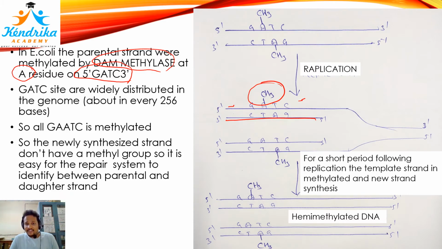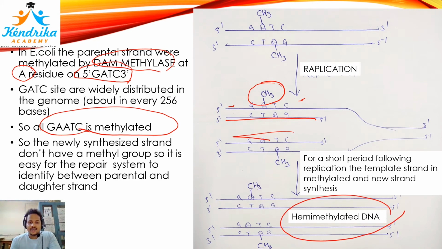That's why this repair has to finish before replication is over. So all GATC is methylated in the parental strand, but in the daughter strand GATC is not methylated. At that position we get a hemi-methylated DNA, where one strand is methylated and the other is unmethylated. The unmethylated one is the daughter strand.